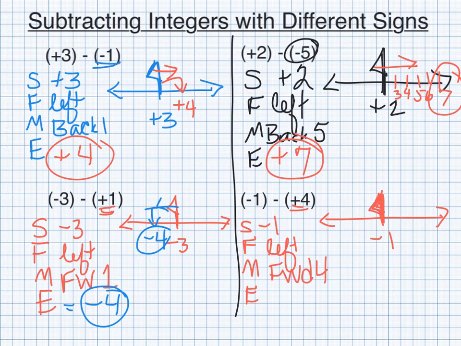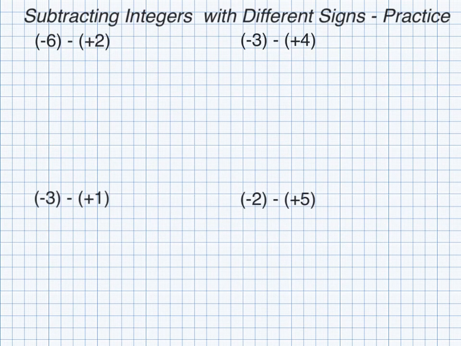Because I am facing in this direction, I'm heading in this direction. 1, 2, 3, 4, so that's negative 2, negative 3, negative 4, negative 5 is where I end up. Negative 5 is my answer. Next page, you're going to stop the video, do these on your own, and come back for the answers.